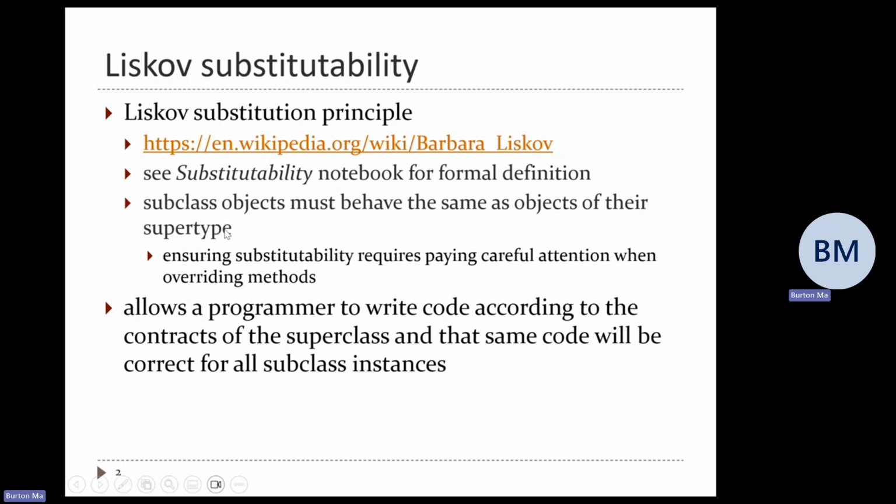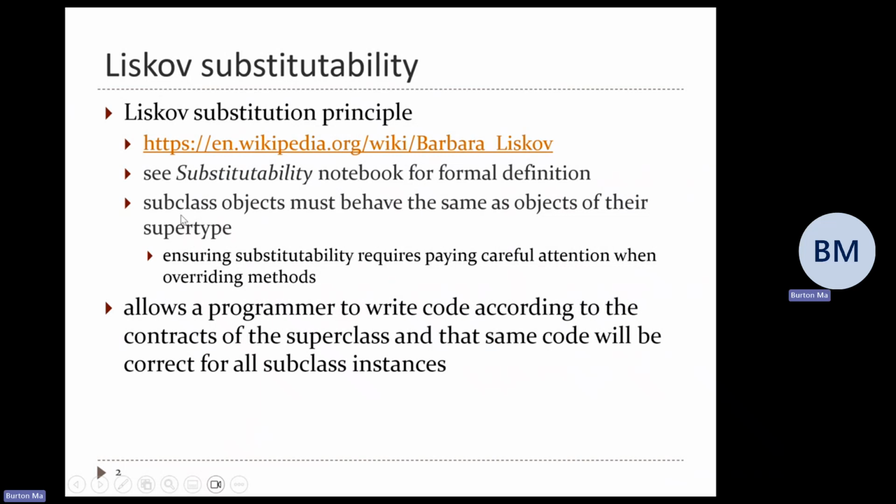The problem is that your programming language can't really help you ensure that this is true. Your compiler helps you a lot and can tell you whether your program is syntactically correct, but what it and most programming tools can't do is tell you if your inheritance hierarchy is correctly following this principle.